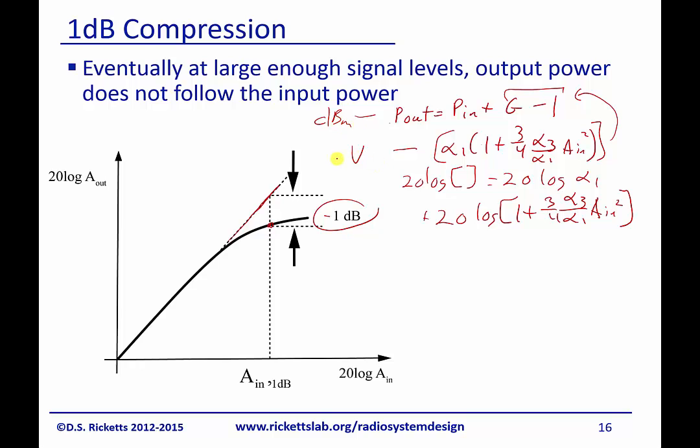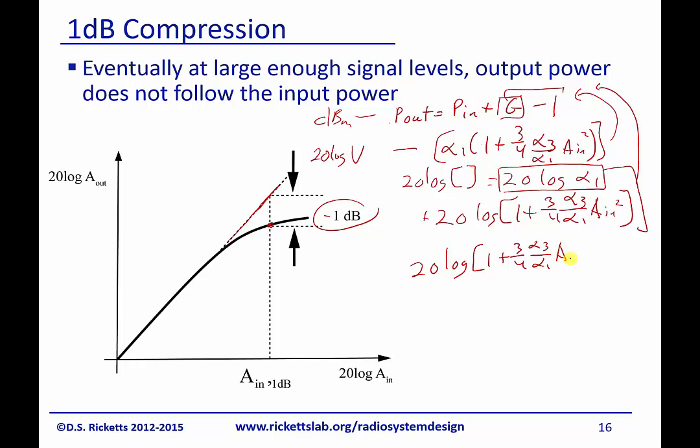And so I'm just taking the 20 log of V to get me into the power domain. And now what I can do is compare this with what I want, and I can see that this right here is G, right? Because alpha 1 is the linear gain. And so I can simply set then 20 log of 1 plus 3/4 alpha 3 over alpha 1 A in squared equals minus 1. Okay?